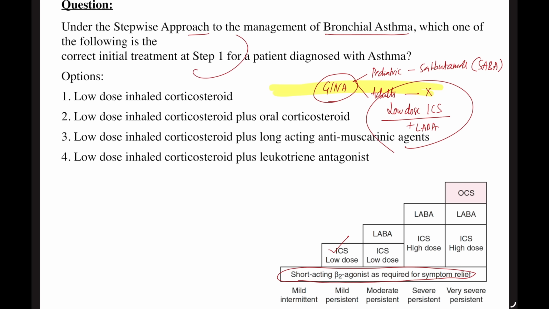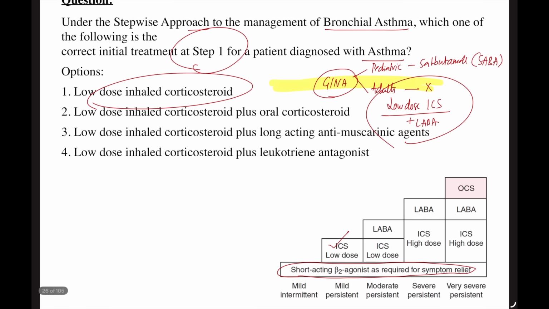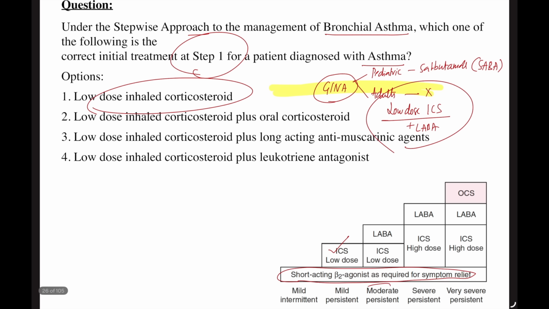So what is the step 1 for the patient diagnosed with asthma? Low dose inhaled corticosteroid. Simple. I think you can't ask for any easier question than that. But if the patient is having moderately persistent disease, then you have to add LABA, that is formoterol or salmeterol.